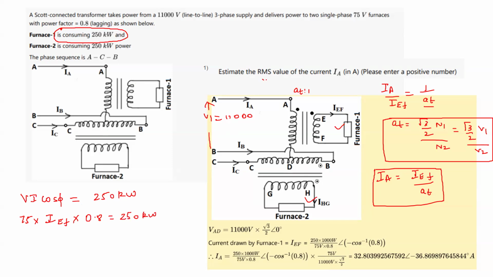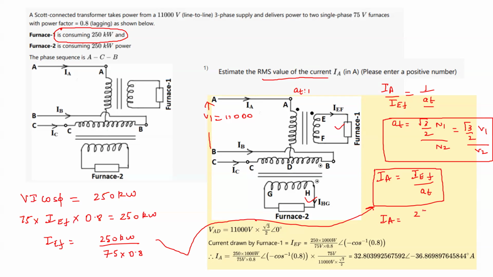Since they are asking only the RMS value, you can directly calculate IF as 250 kilowatt by 75 into 0.8, and then use the calculated value of IF here.